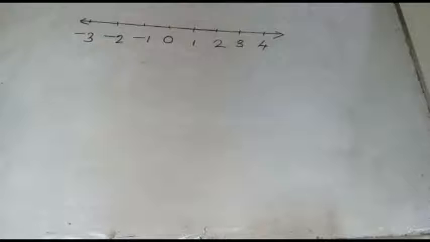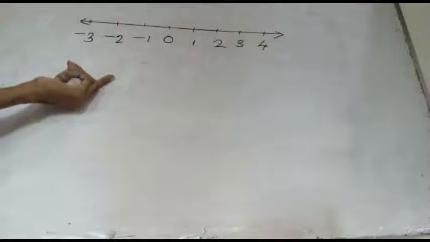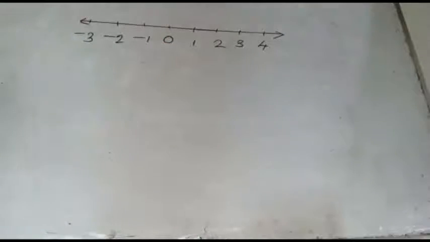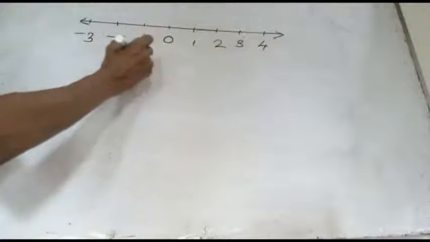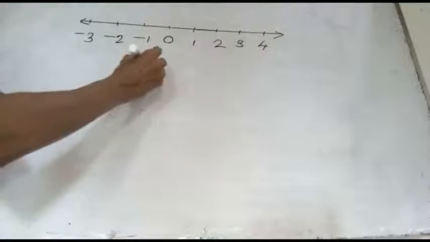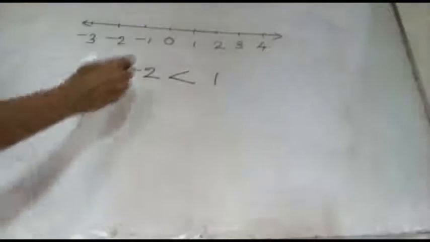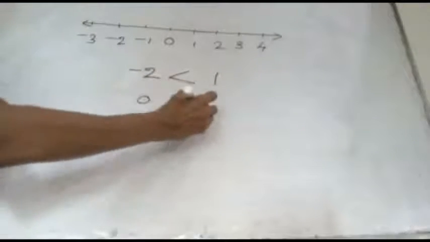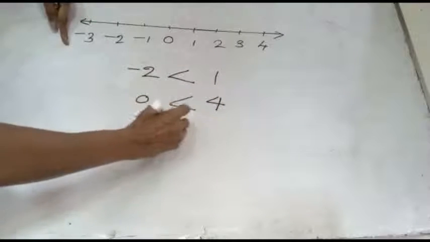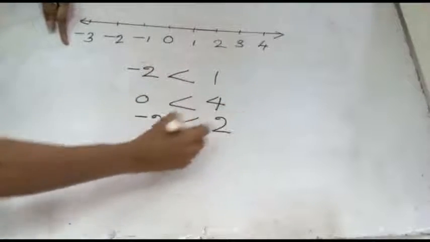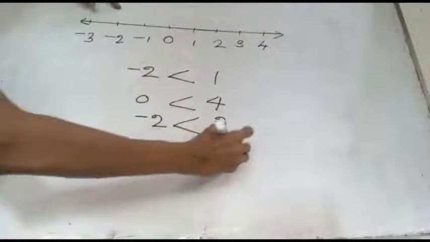Yes. If a number is to the left of another number, it is less than the number to the right. For example, negative 2 is less than positive 1. 0 is less than 4. Negative 2 is less than positive 2. 2 is less than 4.